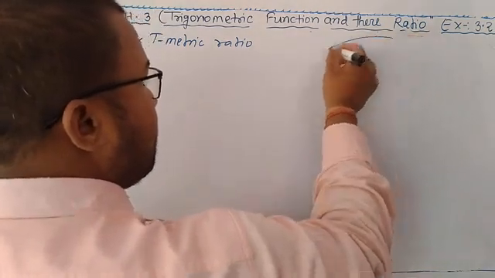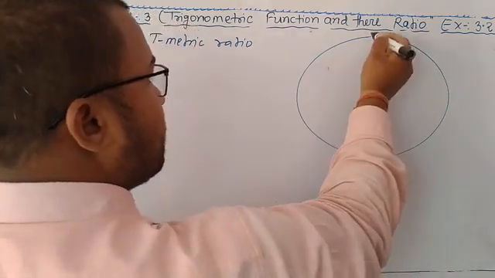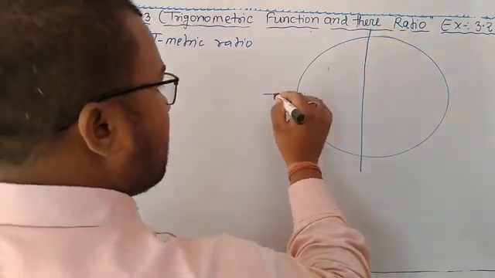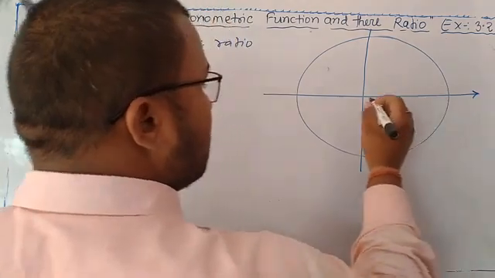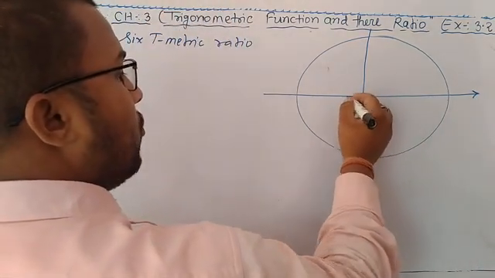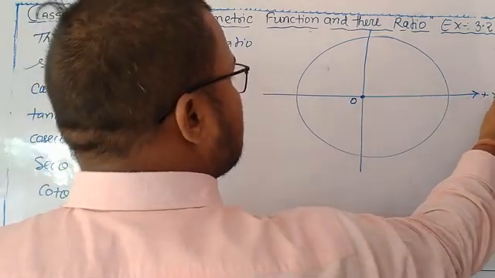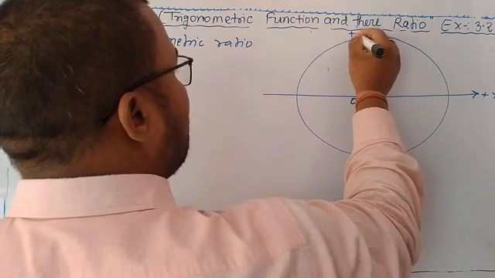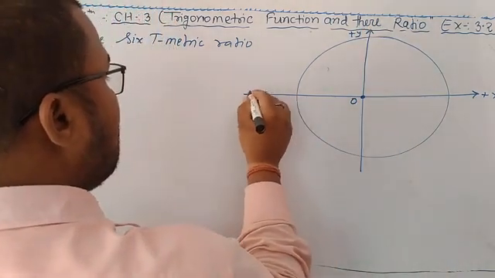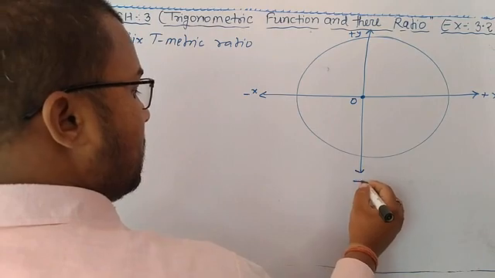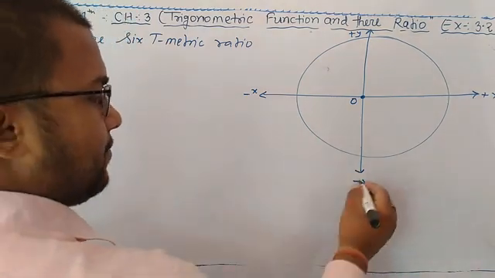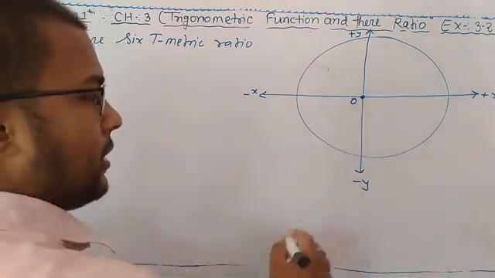Draw the circle. Its center lies on the origin O. This is the positive x-axis, positive y-axis, negative x-axis, negative y-axis. This is the origin of the circle.